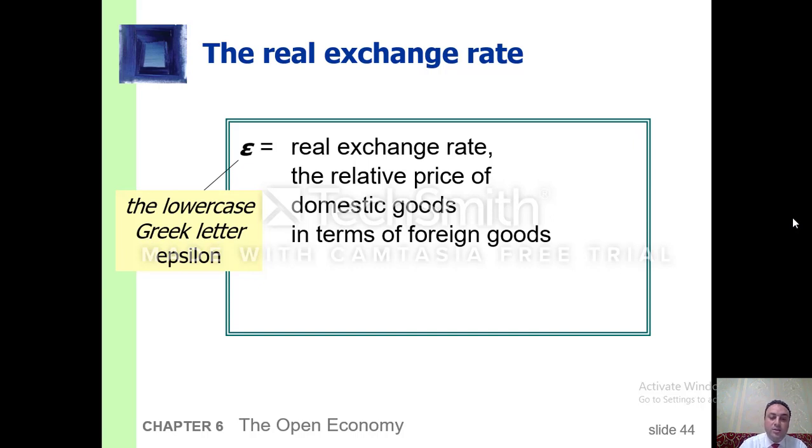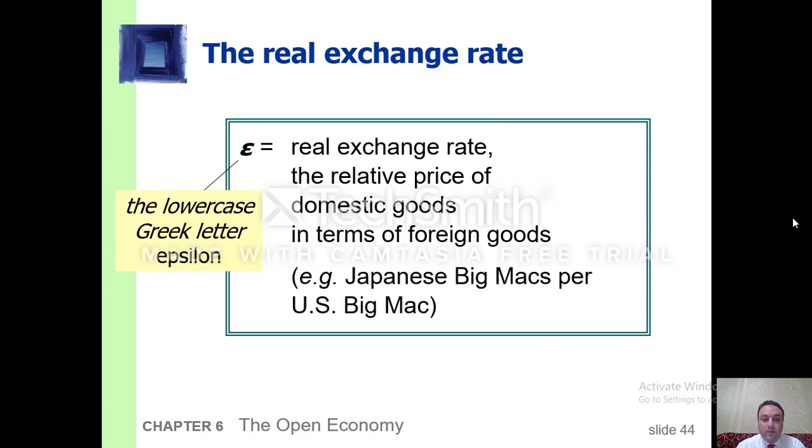That is, how much of this good I can buy in dollars or in SOM. For example, take the Big Mac, a sandwich of McDonald's, in Japan or the United States. How much it costs in Japan and how much it costs in the United States.